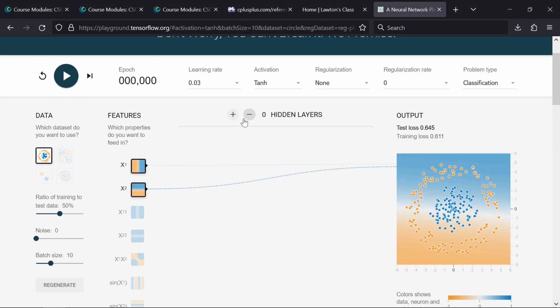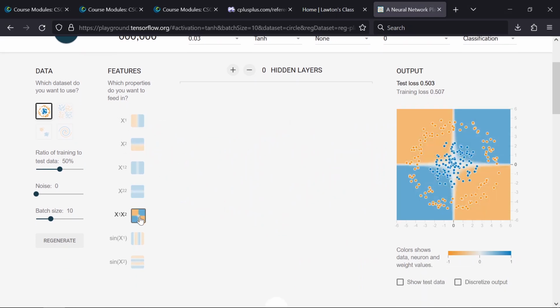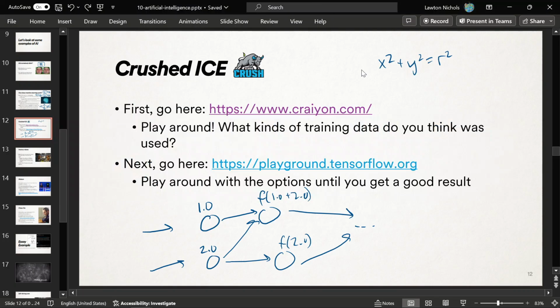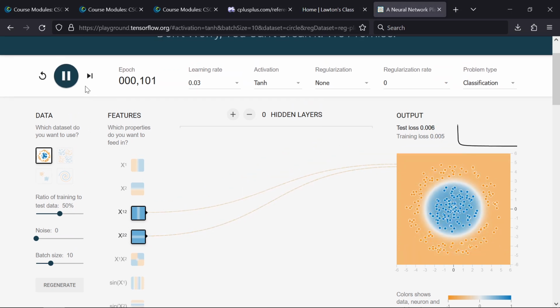I can have 0 hidden layers, 1 output neuron, and if I give it x squared and y squared, it will add them together in the output layer and generate the equation for a circle. Bam. Very, very simple neural network at that point.